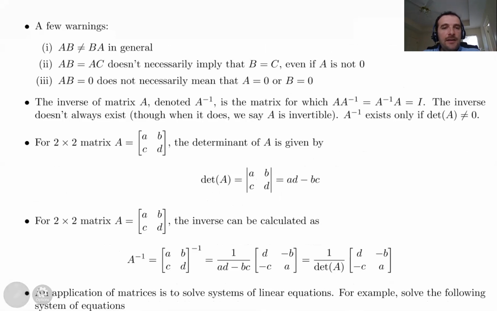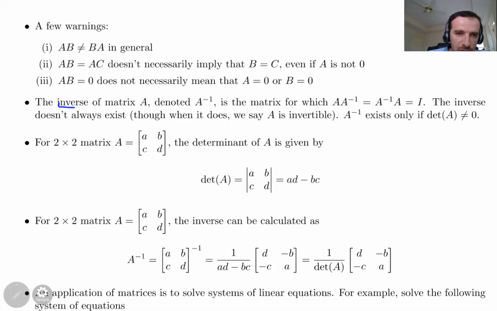And if A times B is equal to A times C, you cannot just simplify A's and say B is equal to C. You cannot simplify A and just say B is equal to C. It's also interesting that if A times B is equal to 0, it doesn't necessarily mean that A is equal to 0 or B is equal to 0. They can both be non-zero matrices, but the multiplication can be 0. Okay, these are a few warnings.